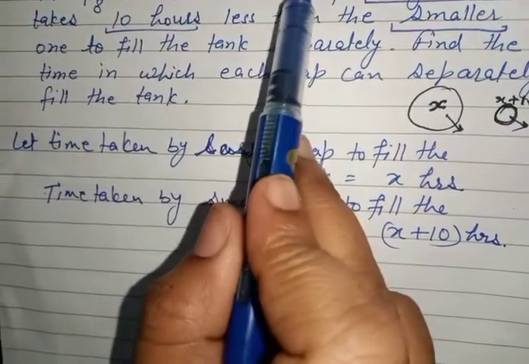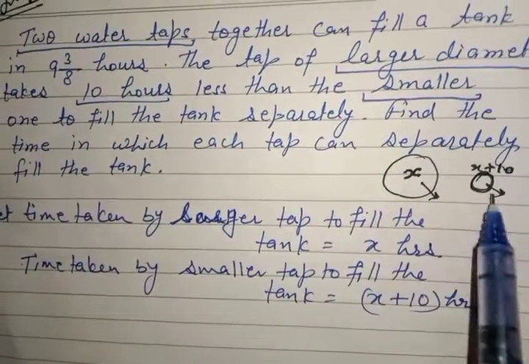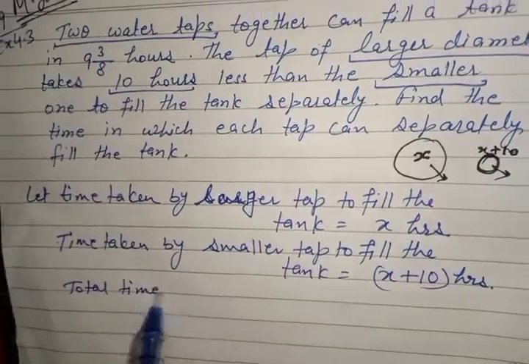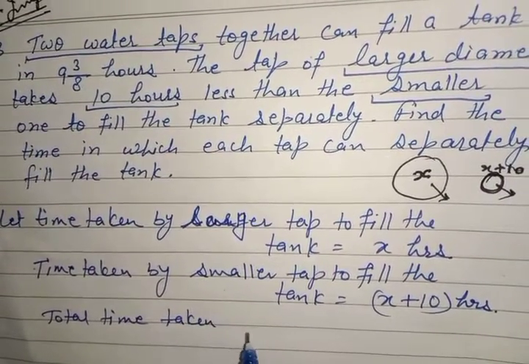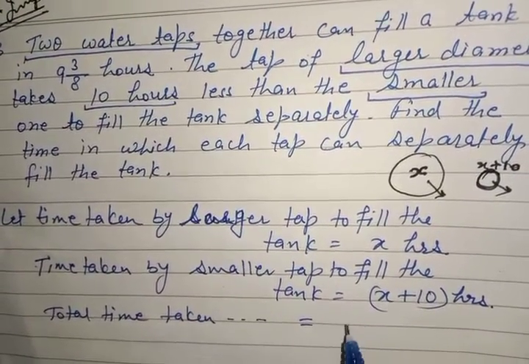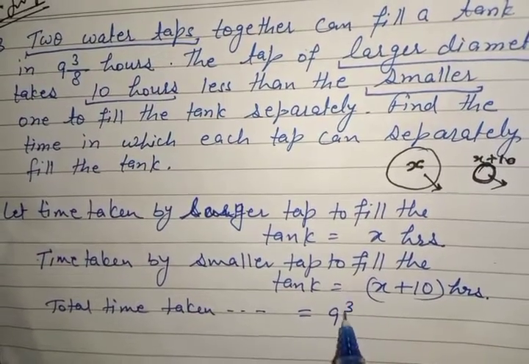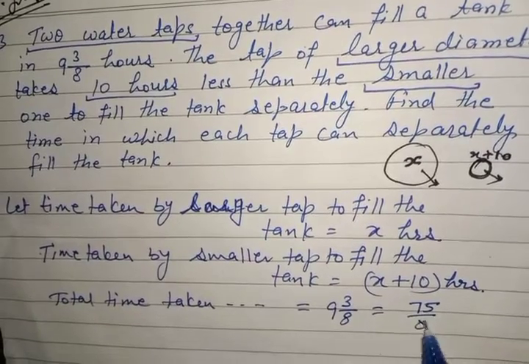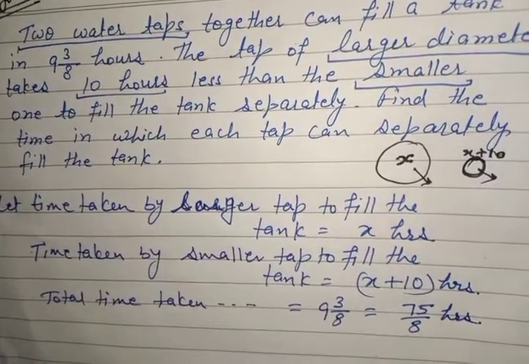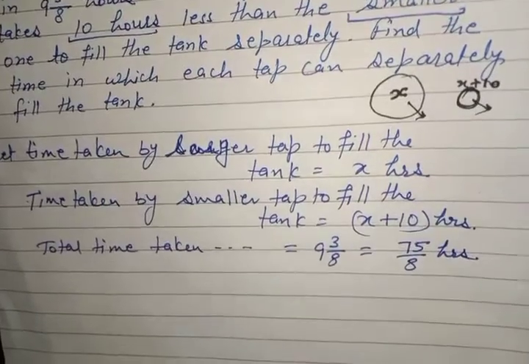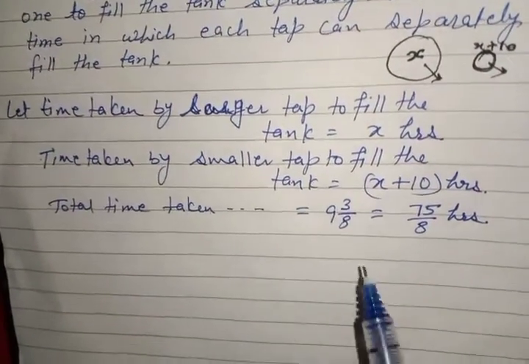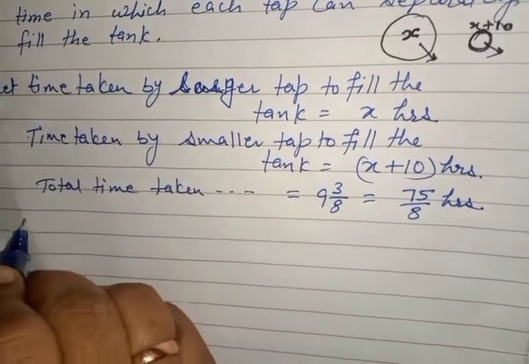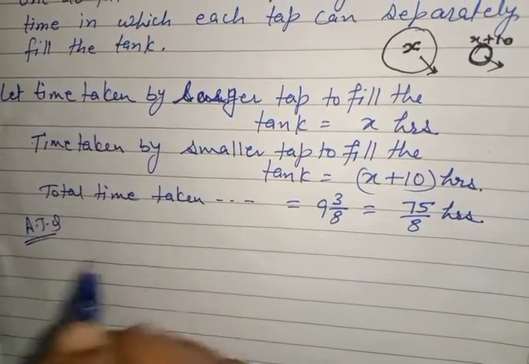Two water taps together means if we open both the taps together, the total time taken to fill the tank is 9 3 by 8, which equals 75 by 8 hours. Okay, now this is a question of time taken. So we need to reciprocate all the terms to make the equation. According to the question, together means plus.